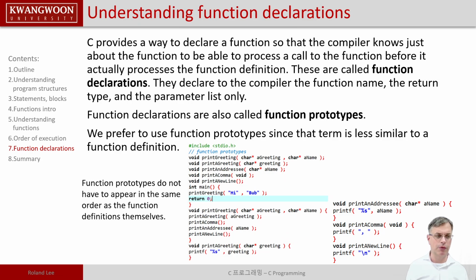C provides a way to declare a function so that the compiler knows just enough about the function to be able to process the call to the function before it actually processes the function definition. These are called function declarations. They declare to the compiler the function name, the return type, and the parameter list only.